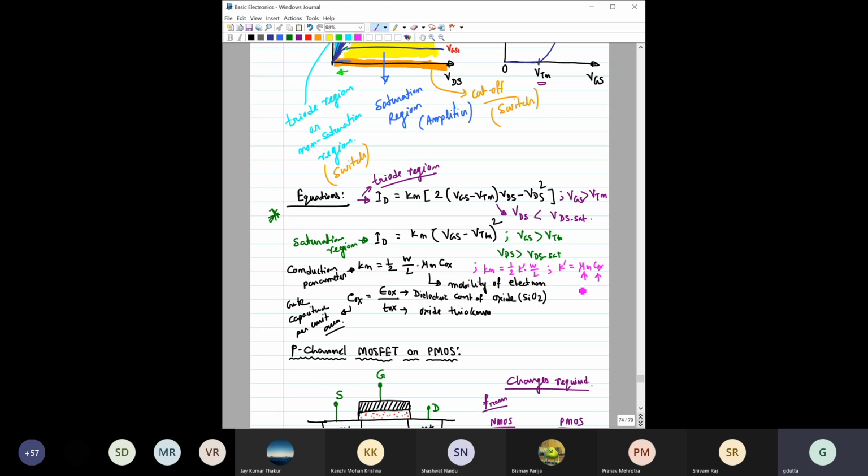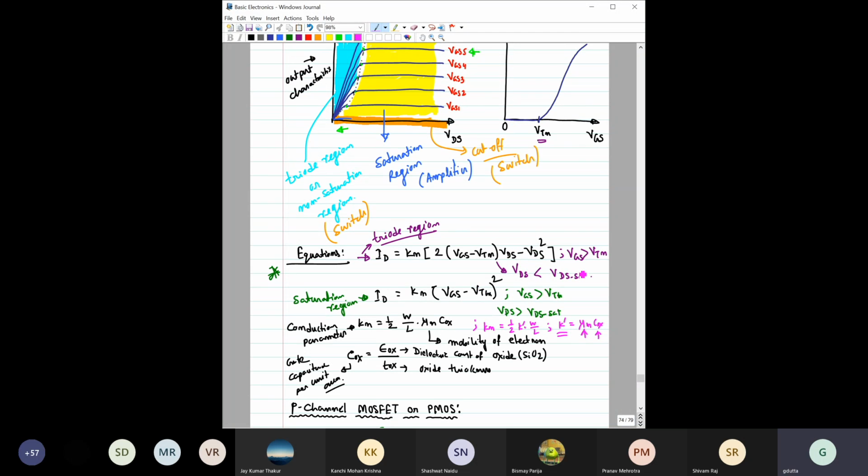So if you are fabricating, suppose in a batch fabrication, lots of MOSFETs, then these two parameters, mu n and Cox, would be the same for all the MOSFETs. Okay, so it is just a notation. Sometimes this is also given as K dash, and so you should know that K dash stands for mu n Cox.